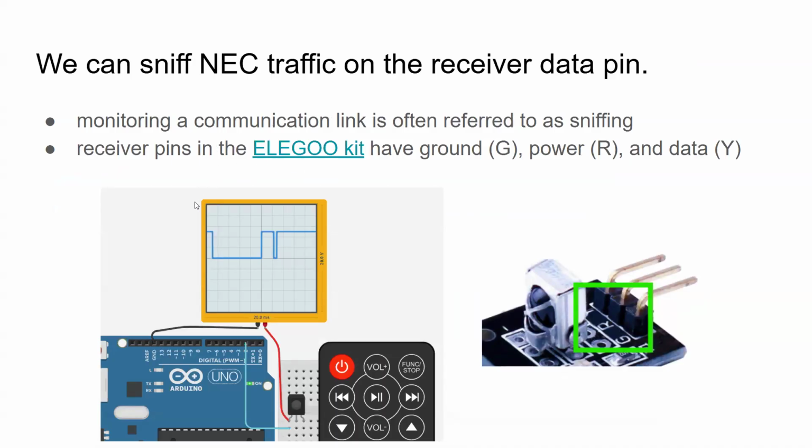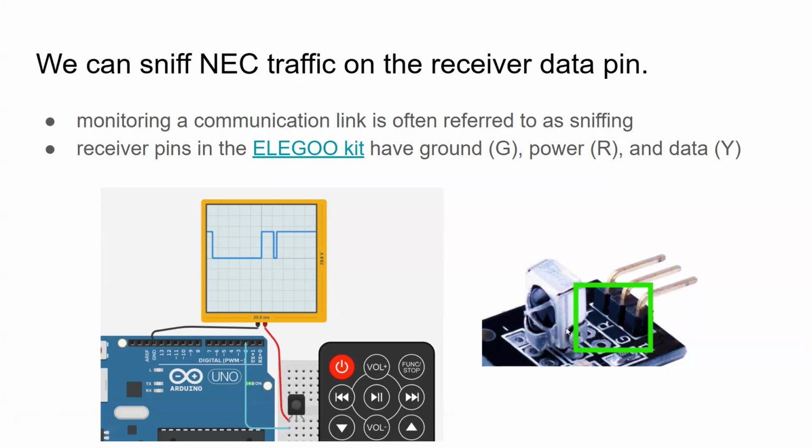So we've got this receiver module, and if we connect it up to the Arduino power, so we apply 5 volts and ground to the respective pins, and then we just look at the data, right? There's a ground, a power, and a data pin. If we just look at the data, we can actually see the incoming traffic.